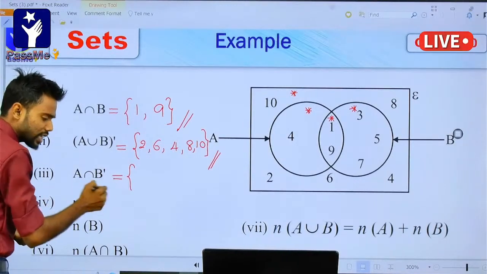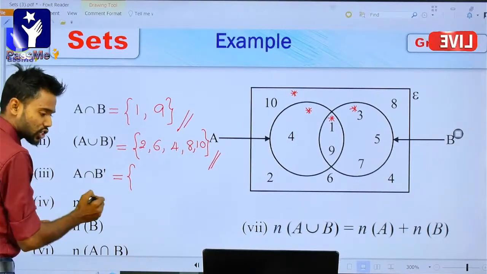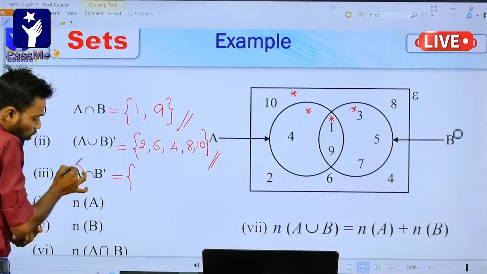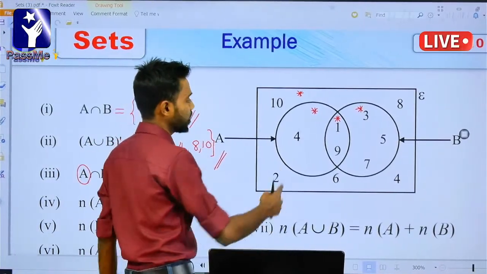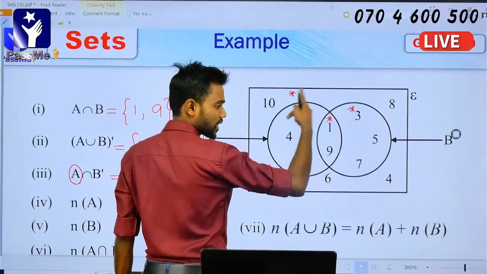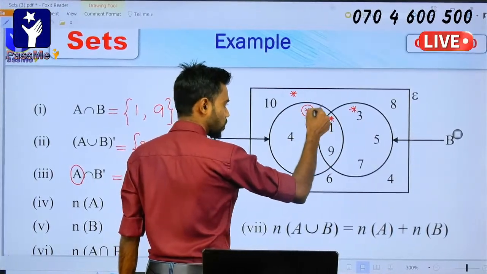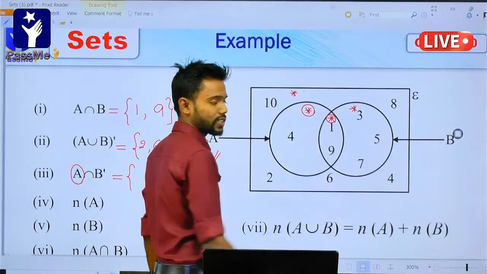Now, if you want to find the exact region directly, first of all you need to focus on capital A. To cover the capital A region, I circle this one, and this one as well.